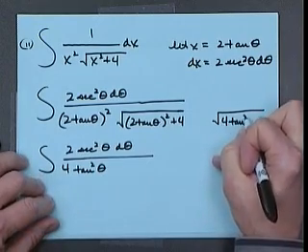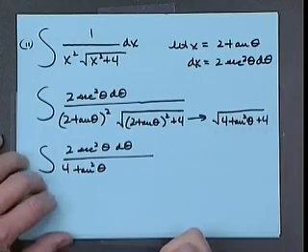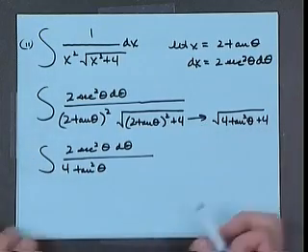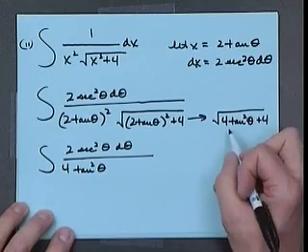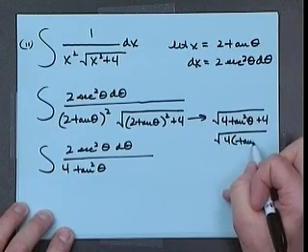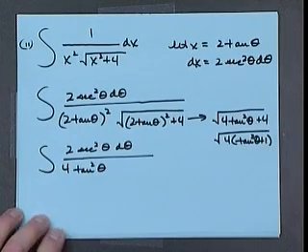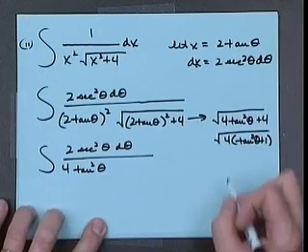4 tangent squared plus 4. This is kind of why this procedure should help. I factor out a 4. And what is tangent squared plus 1? Secant squared.